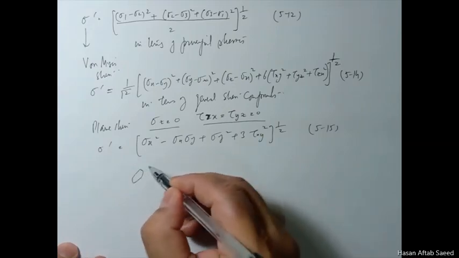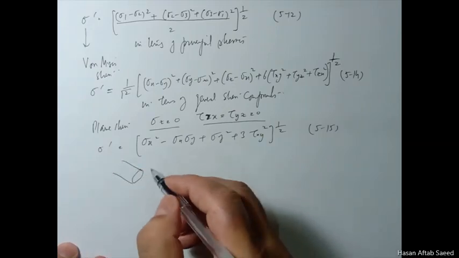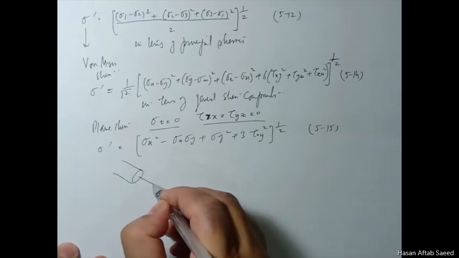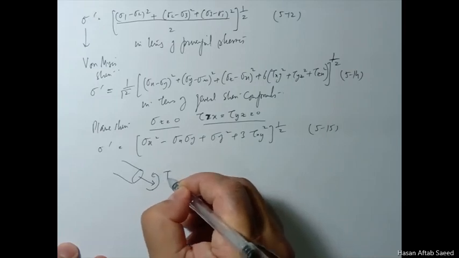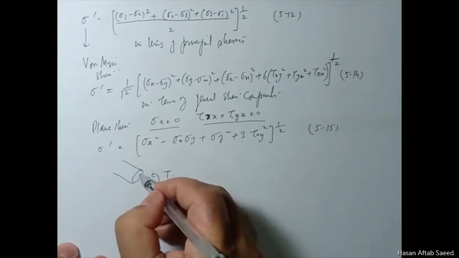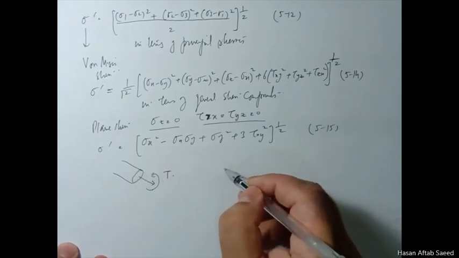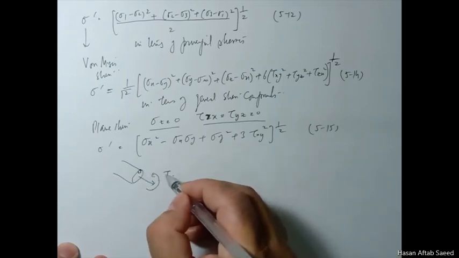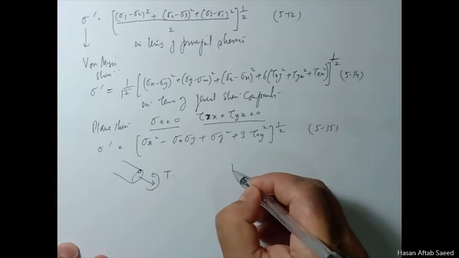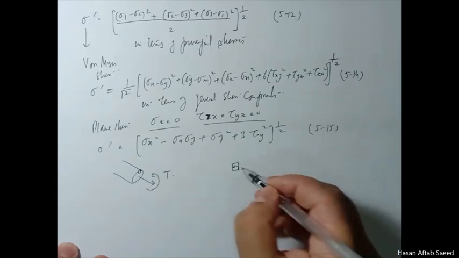You have this shaft, and there is a torque here. Because of torque, you have shear stresses. Let's talk about this element here. Because of this torque, you have a shear component like this on this element.